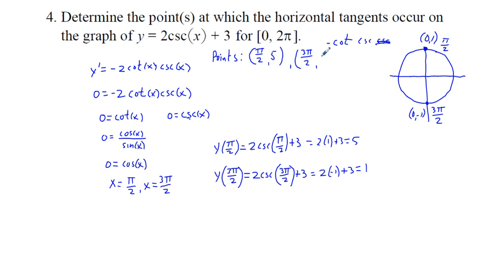So that's our other coordinate pair, 3 pi over 2 comma 1.